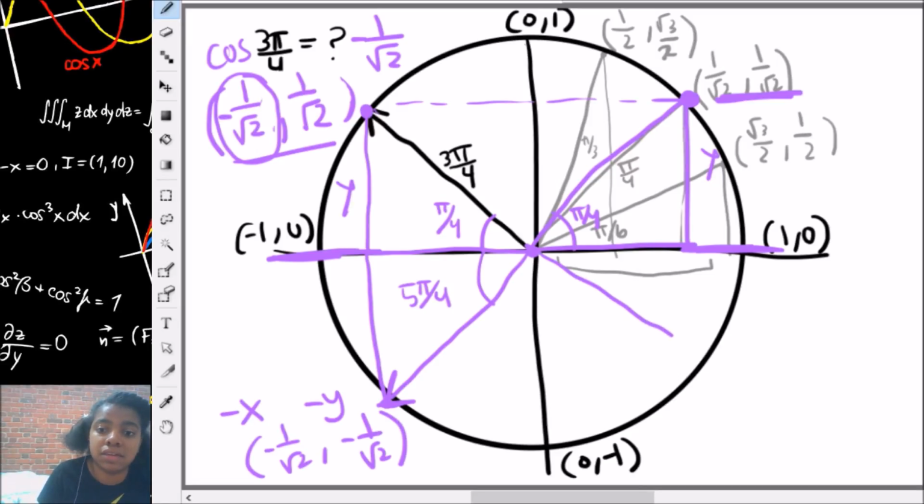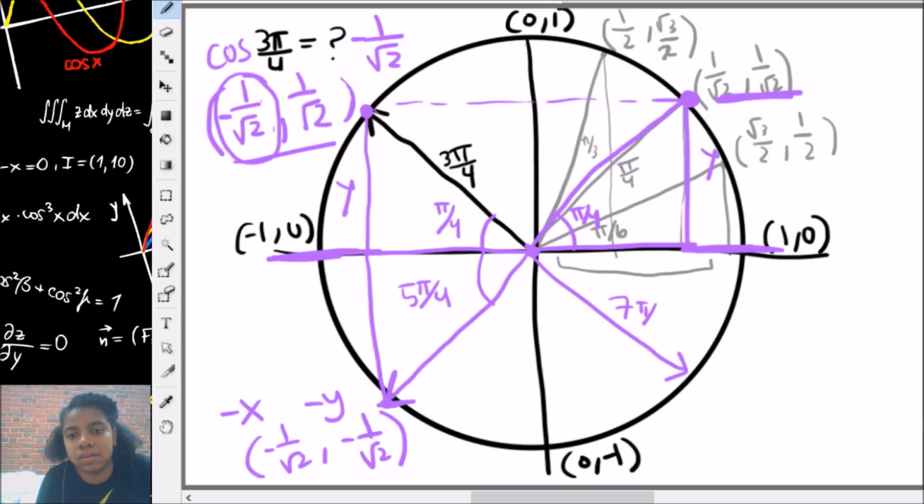And over here, this angle is, I think, 7 pi over 4. Yeah. And over here, x is positive and y is negative, so it would be 1 over root 2, negative 1 over root 2.